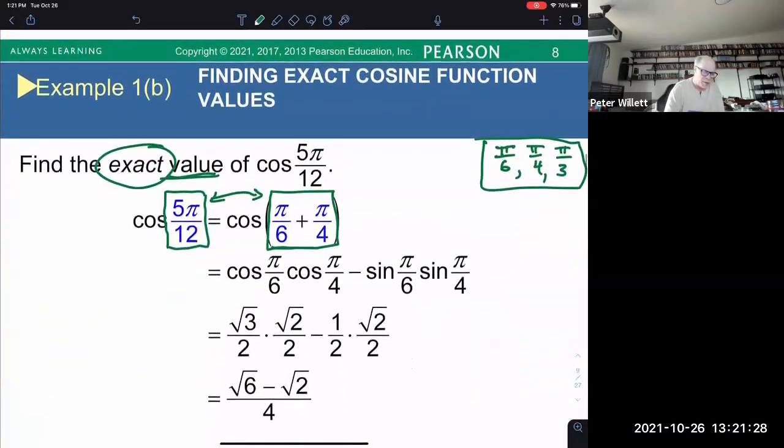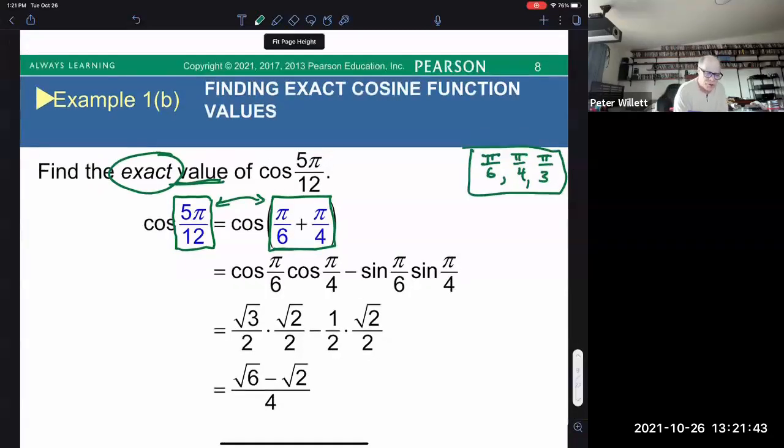So in this case, they're pointing out that 5 pi over 12 is the sum of pi over 6 and pi over 4. Now, how would you figure that out? Well, if you see that the fraction you have has a denominator of 12, then you can say, all right, I need a denominator of 12 when I'm done.